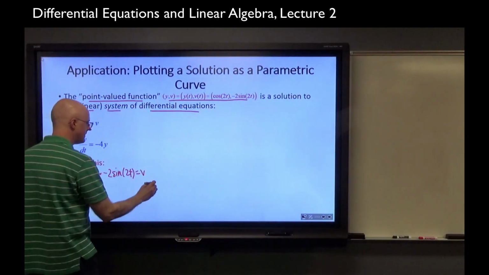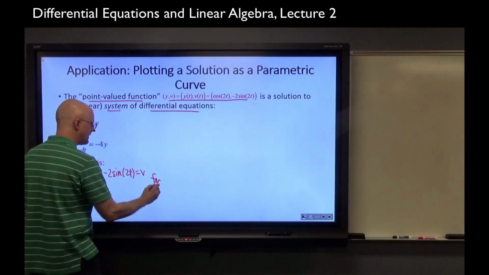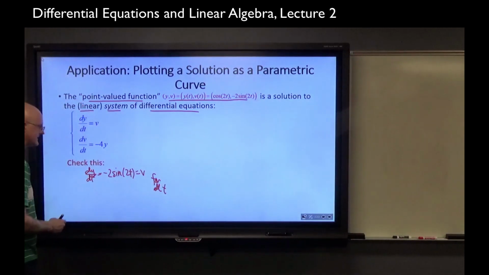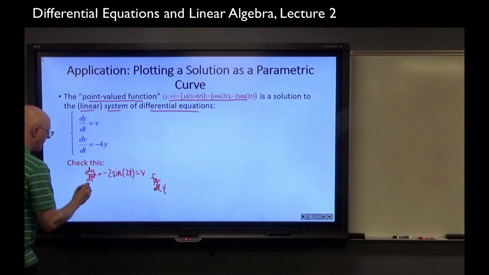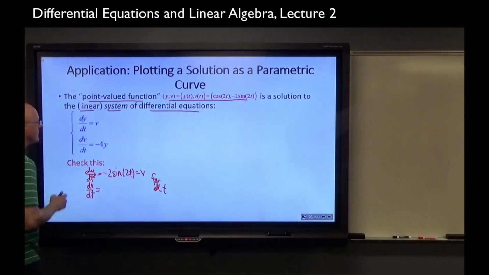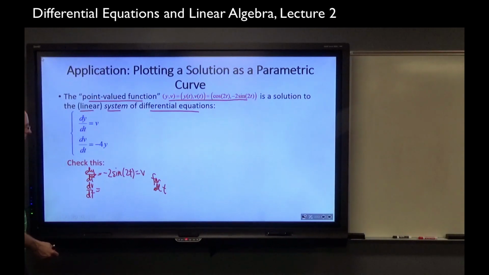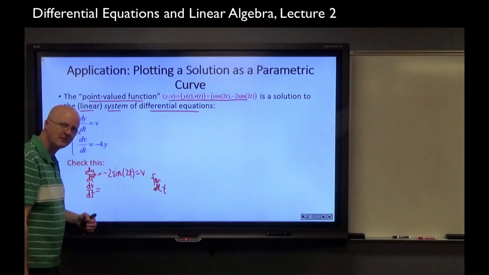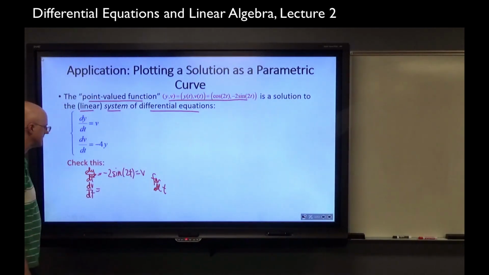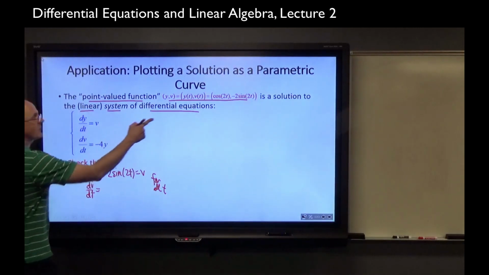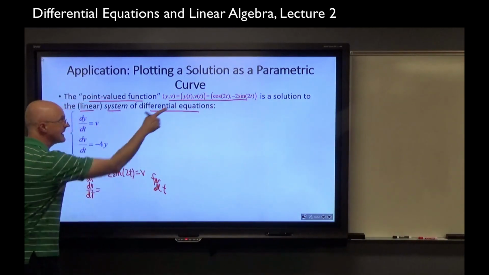For all t. Very important to emphasize this is true for all t. What about the left-hand side and the right-hand side of the second equation? And by the way, this is the right-hand side of the first equation. Sort of doing it all in one step here on each line instead of separating it into two steps. dv/dt, differentiate v. Differentiate negative 2 sine 2t.